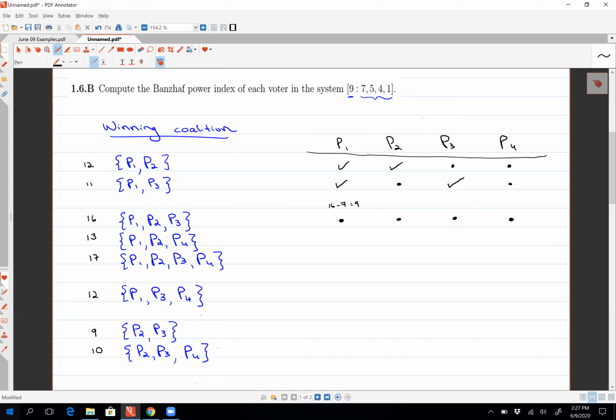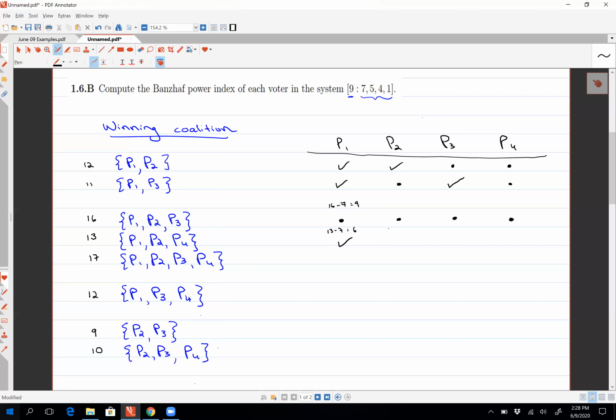What about P1, P2, and P4? Well, here, if I remove P1, so I have 13 votes. If I remove 7, I'm left with 6. Would that still be a winning coalition? No. So here, P1 is critical. What about P2?